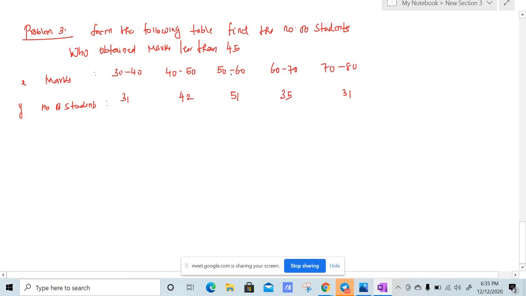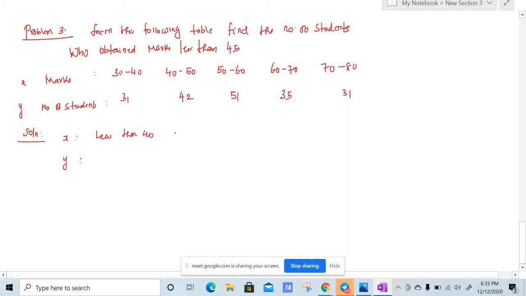So first, what we need to do is convert into cumulative frequency, right? Suppose in a question they give the interval, first we need to convert this into cumulative frequency. So our new x, new y.